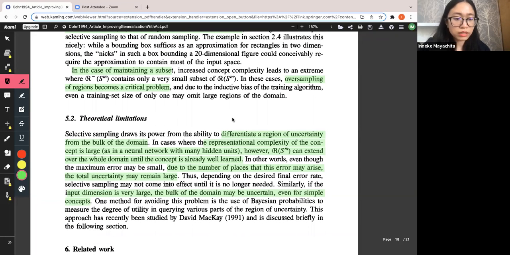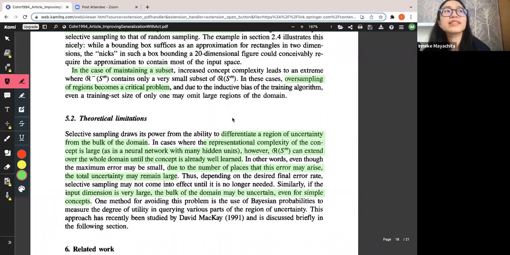And the other theoretical limitation is related to the practical limitation: imagine if we have complicated concepts, then even though we want to minimize this region of uncertainty, it might still be very large, just because it will be hard for the model to learn.